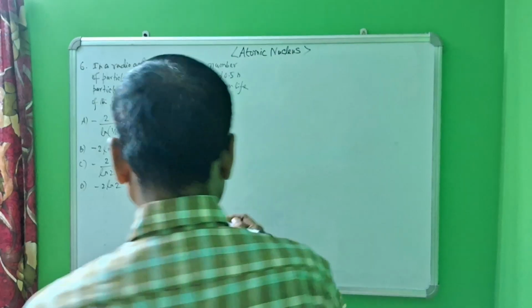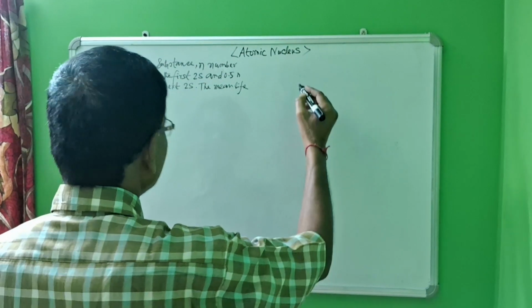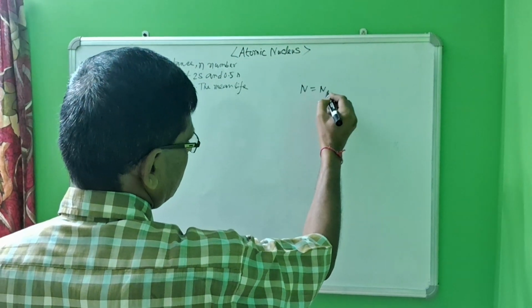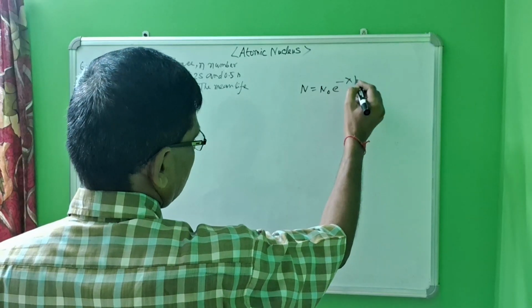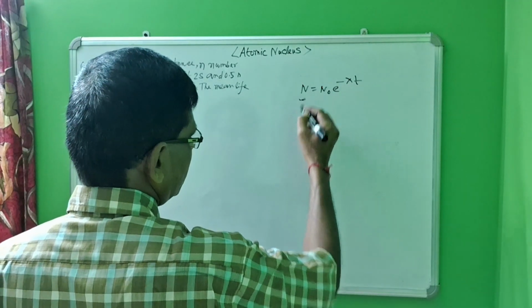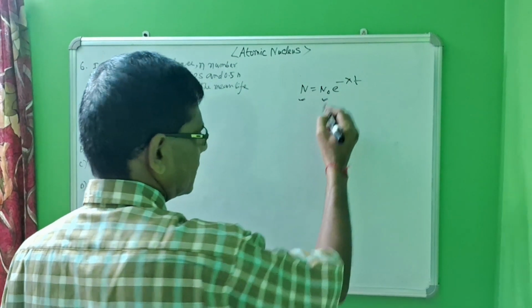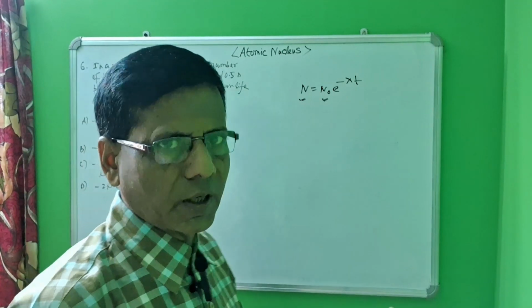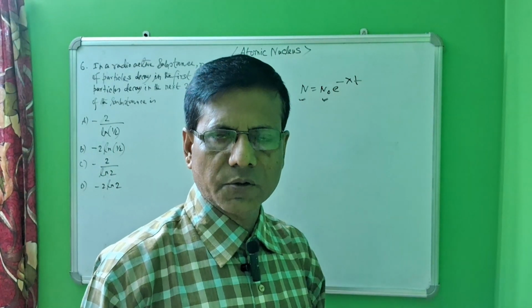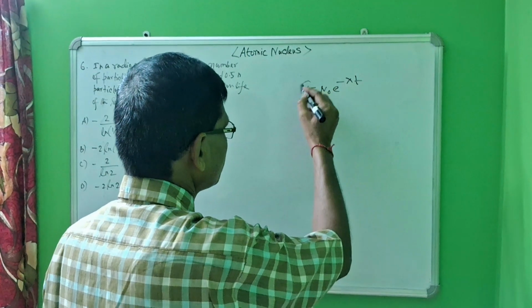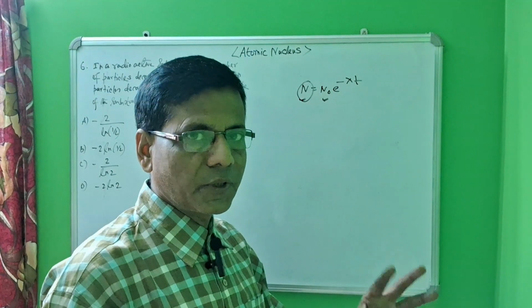We have the standard relation N equals N0 e to the power minus lambda t, where N0 is the initial number of nuclei at time t equals 0, and N is the number of nuclei at time t equals t.